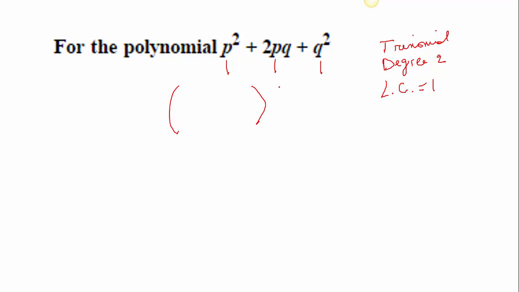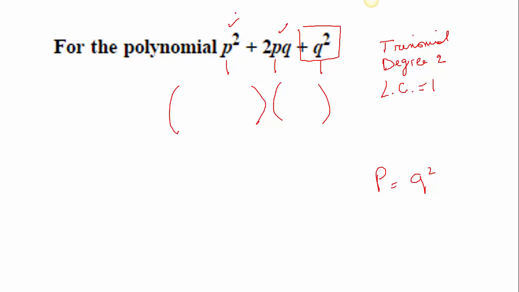Let's open 2 parentheses. Let's look at this one. We want the product to be q squared. Now if we assume that p is the variable, right?